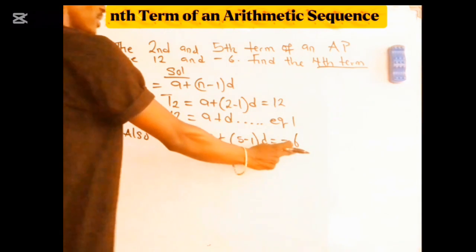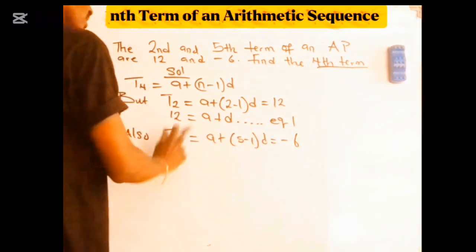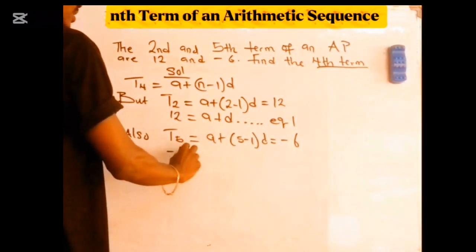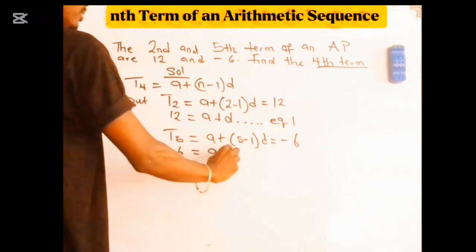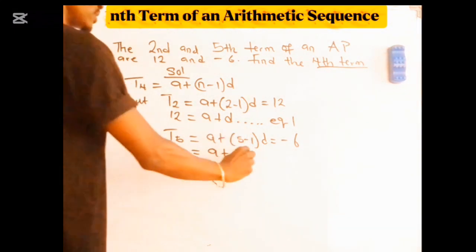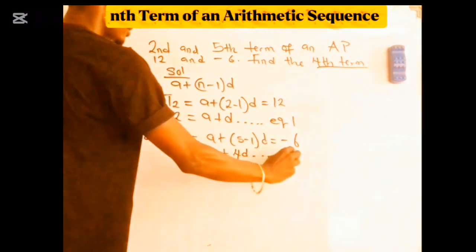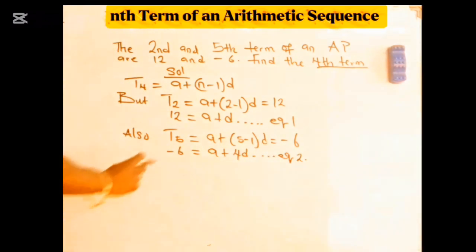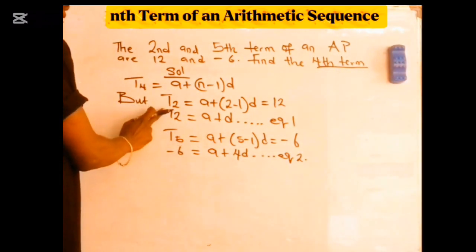Let minus 6 replace T5. I'll have minus 6 to be A plus 4D, equation 2.